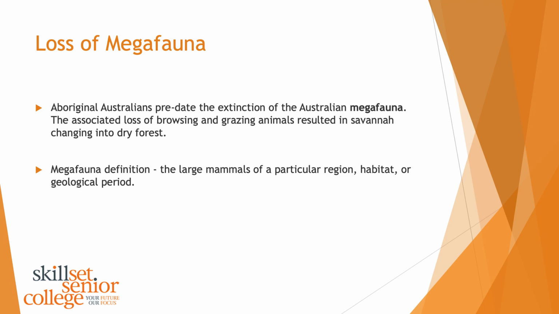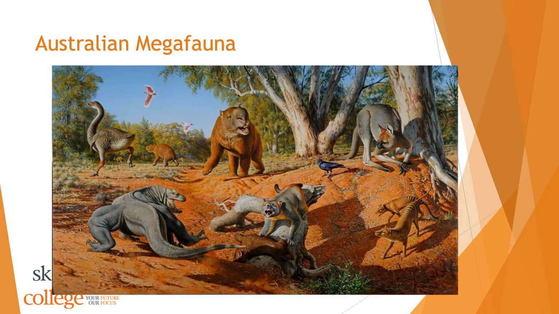What are megafauna? Megafauna are large mammals of a particular region, habitat, or geological period. And Australia had some fantastic megafauna until fairly recently in geological time. We look at a few of them here. We have a bunch of large mammals, and in some cases large reptiles and birds, living on this continent.